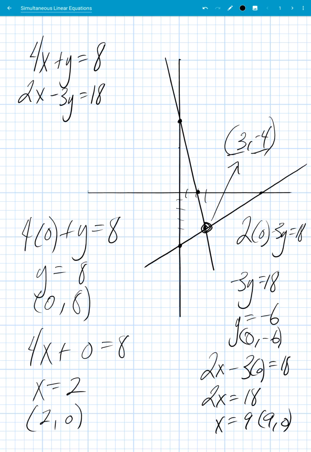And if you had an occasion to solve a problem that needed to find out when a linear equation was equal to a quadratic equation, graphically that would be where the line and the parabola intersect. And you could do this with other kinds of equations too: exponential, logarithmic, trigonometric.